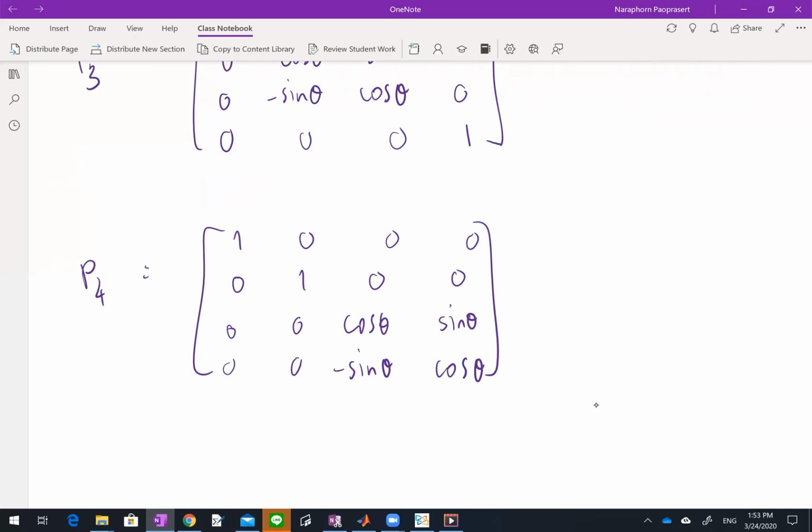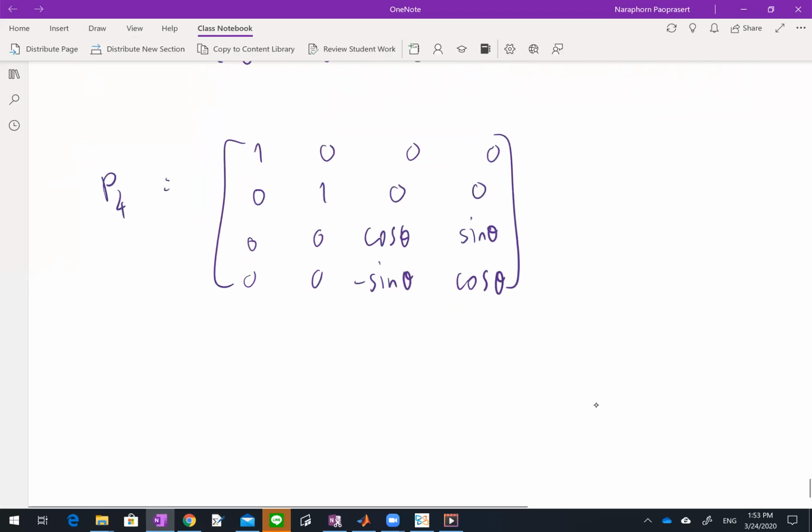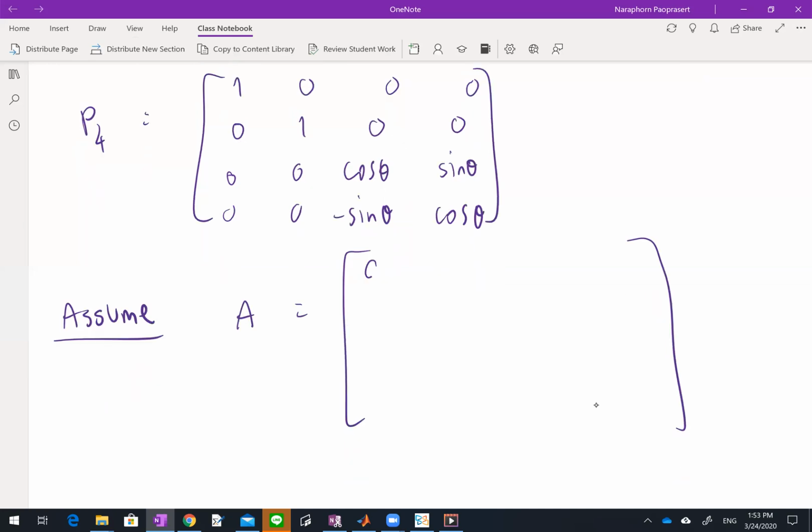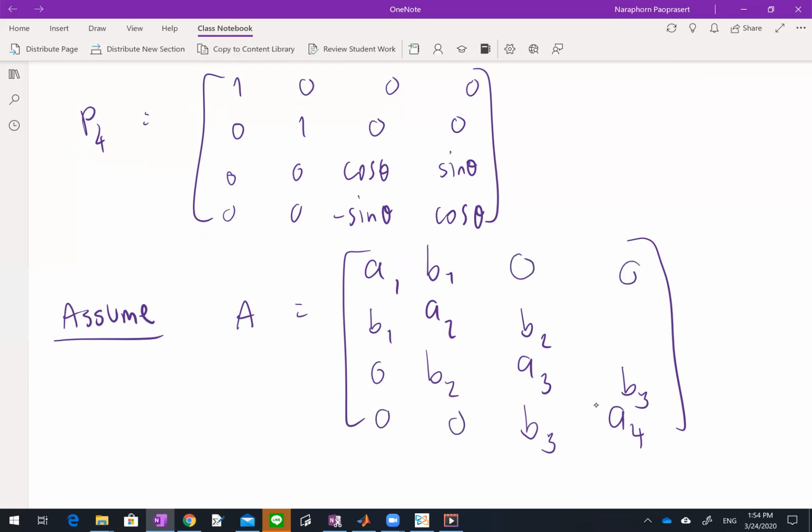Okay, so this is how you construct the P, and then to calculate each cos and sine, assume A equals A1, A2, A3, A4, B1, B2, B3, B1, B2, B3, 0, 0, 0, 0, 0, 0.